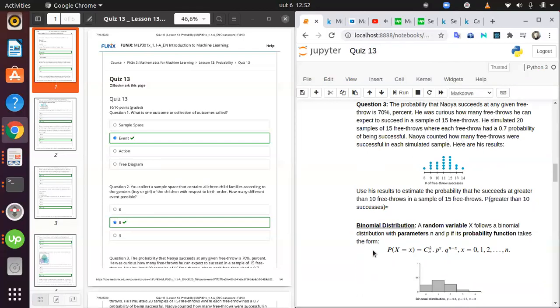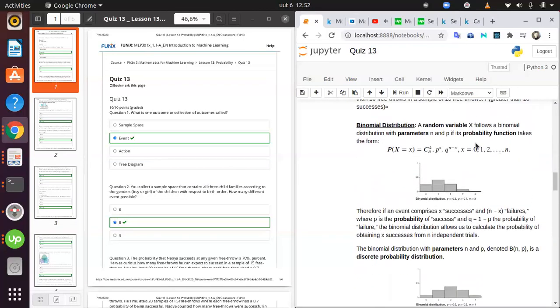The question or the concept, the theory behind? Oh, I think I understand the question. I don't understand the concept, how you calculate to that number. Okay. If it was just one sample of 15 free throws, you should think of that as a binomial distribution, because there we take a random variable X, and we say that if it follows a binomial distribution, to compute the probability, you use this formula.